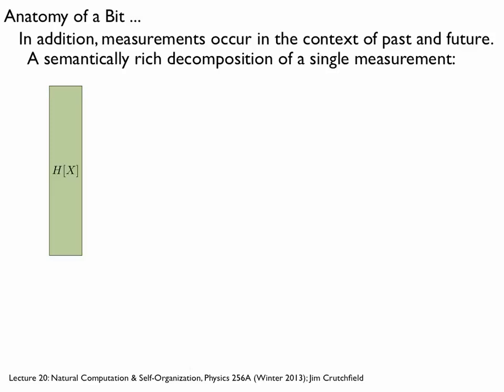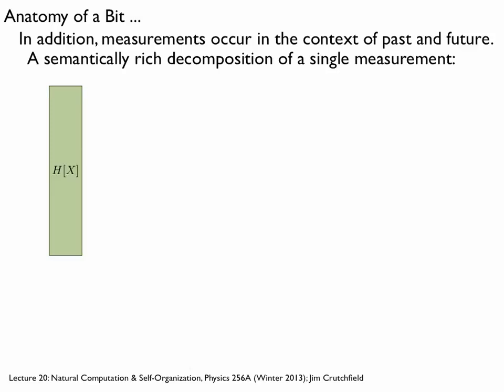Okay, so what we've been doing is thinking about looking at the past and predicting the next symbol. But measurements also occur in the context of the future. So part of this decomposition is going to ask how much present measurements correlate with the future, not just focusing on how much the present measurement was anticipated by a past that we saw.